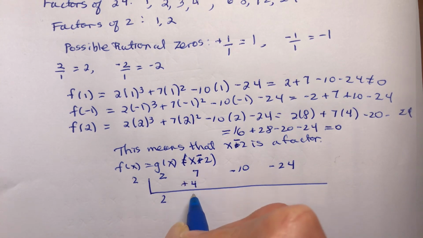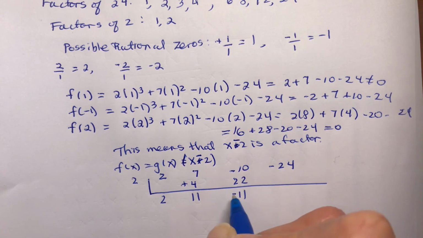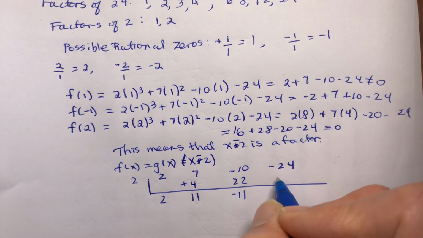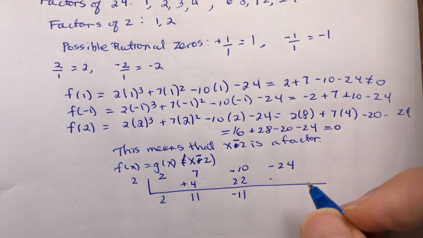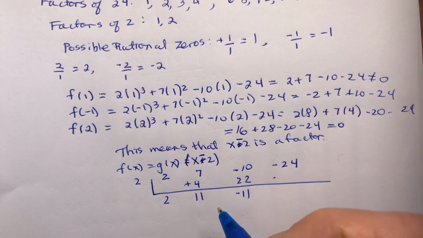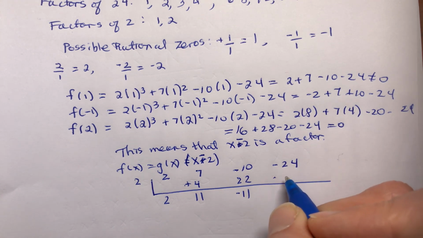Then we add 7 plus 4 is 11. Then we multiply again. 2 times negative 11 is negative 22. Oh, brother. Well, maybe I did this whole thing wrong.